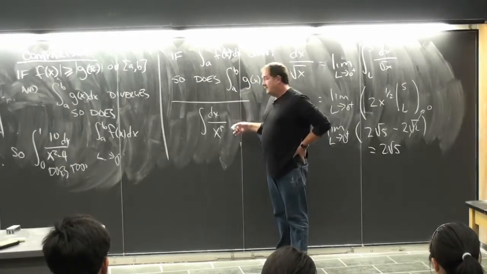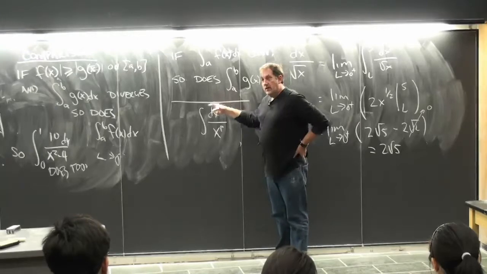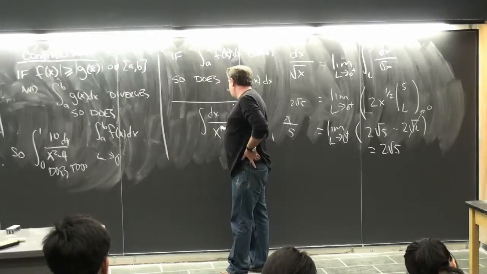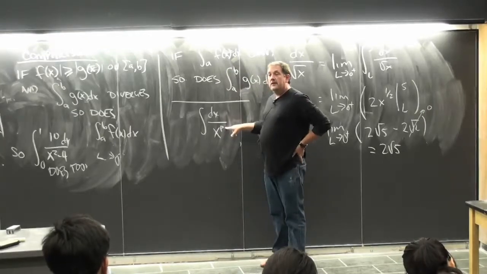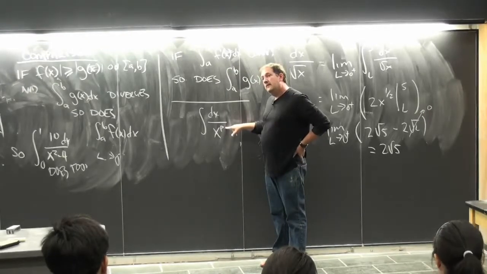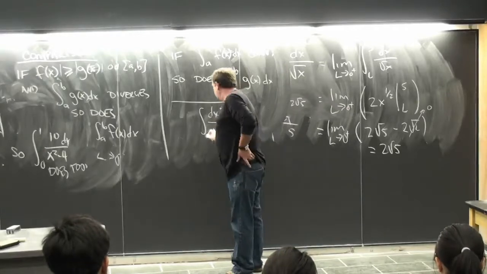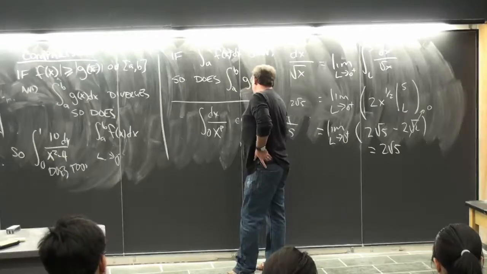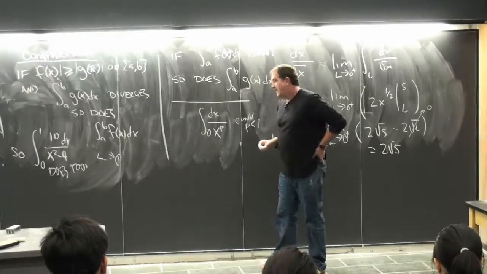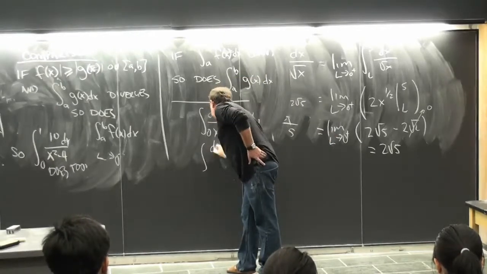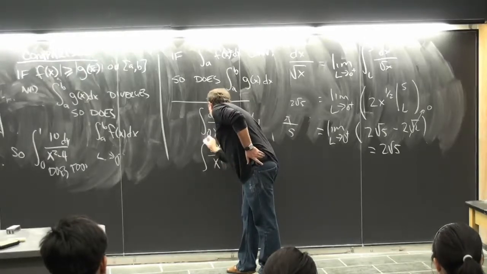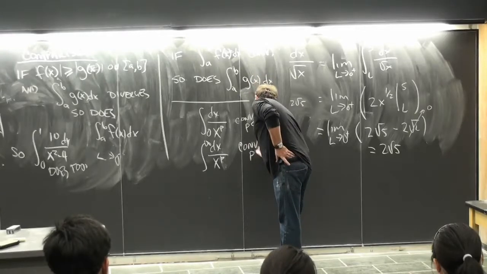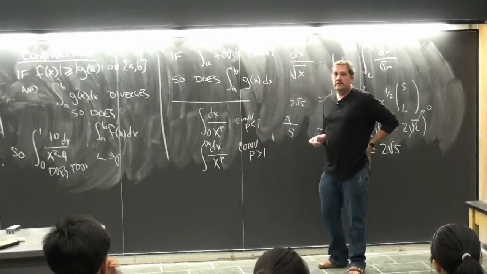These guys, if we're going to 0, then they converge if the power is less than 1. So if there's a 0 here, then this converges for p less than 1. And these same guys going to infinity converge for p greater than 1, and they diverge otherwise.